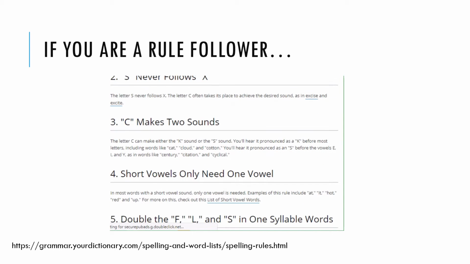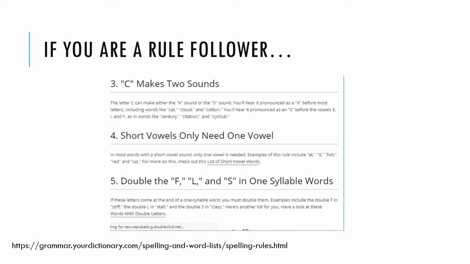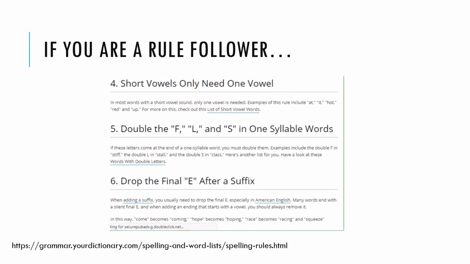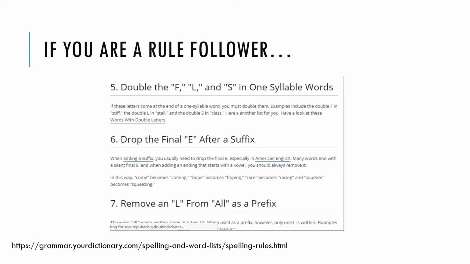S never follows X. C makes two sounds. C makes the K sound or the S sound. Short vowels only need one vowel. Double the F, the L, and the S in one-syllable words.